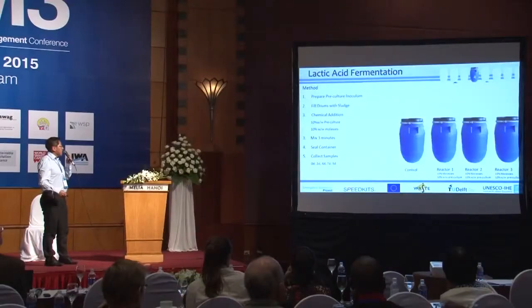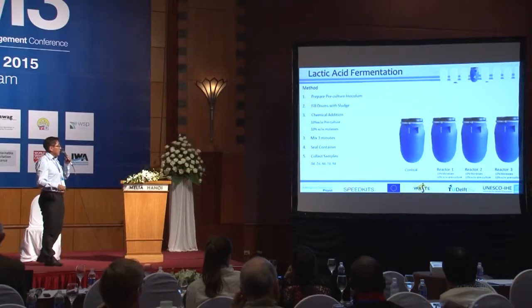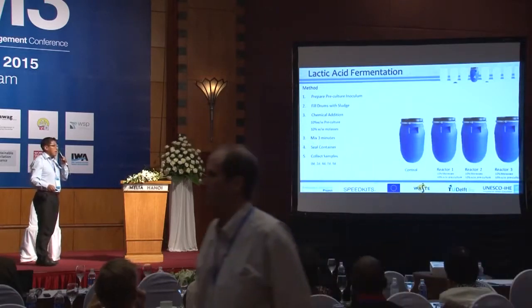Also, we had to add 10% of molasses in this case because to do this treatment method, we need a source of sugar for the lactic acid bacteria. We had an initial mixing of 3 minutes, and the containers were sealed. The samples were collected at 2 days, 4, 7, and 9 days.